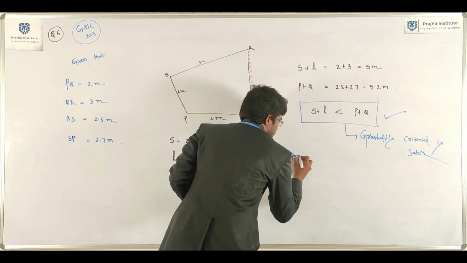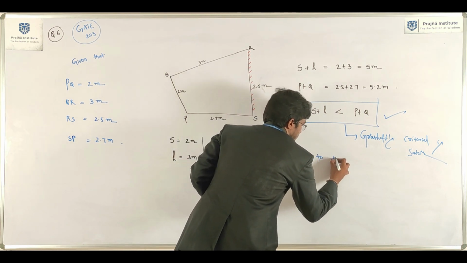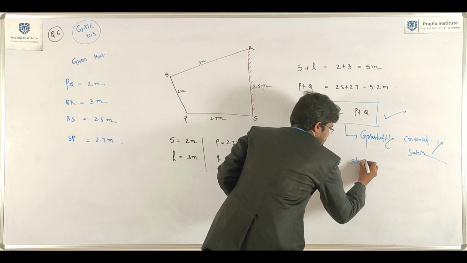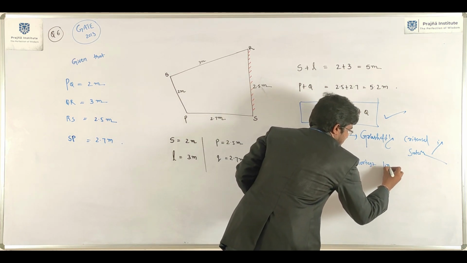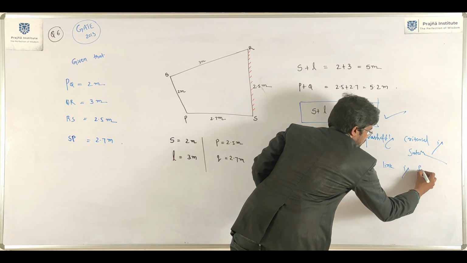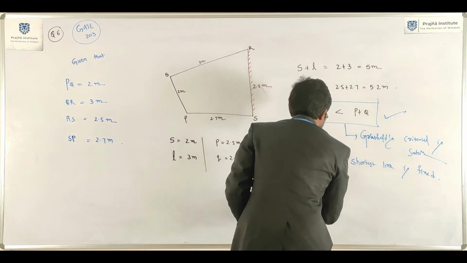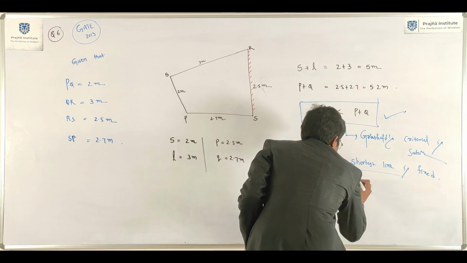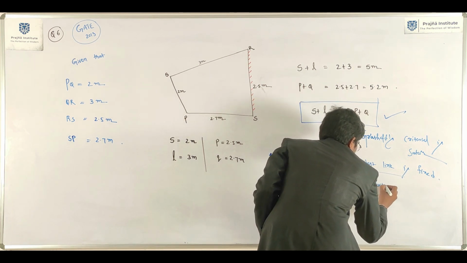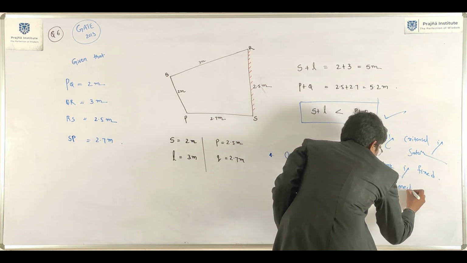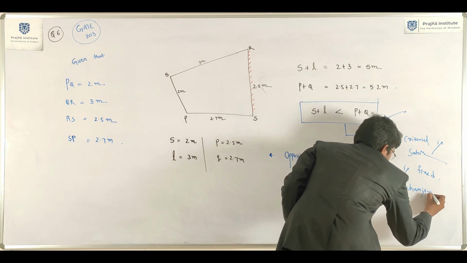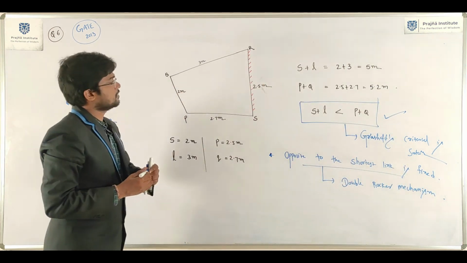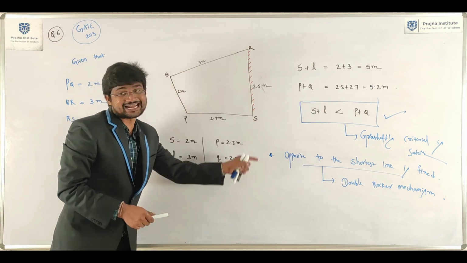Opposite to the shortest link is fixed, the resultant mechanism will be a double rocker mechanism. We need to fix RS.